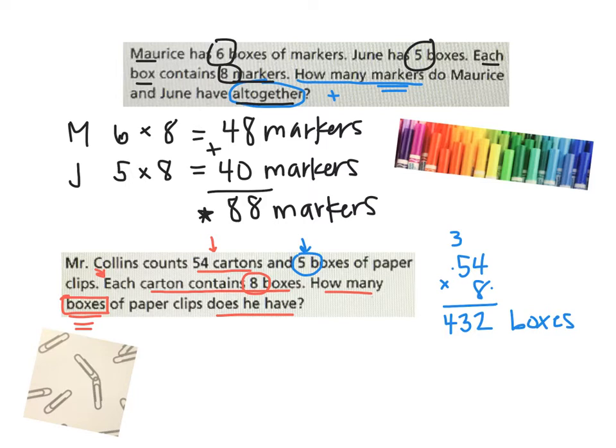So now I need to add those 5 boxes to the ones from the cartons earlier to figure out how many Mr. Collins has in all. So 5 plus 2 is 7, and then remember you imagine there's zeros here, so that's 437 boxes that he has of paper clips.